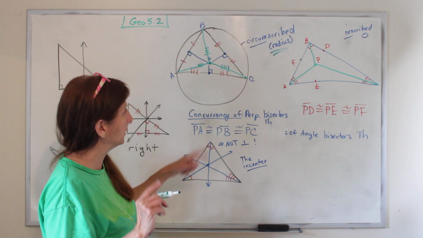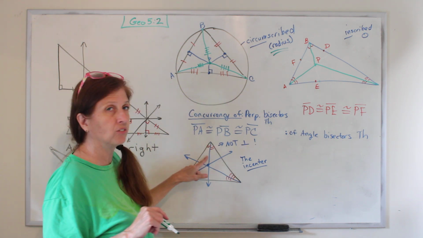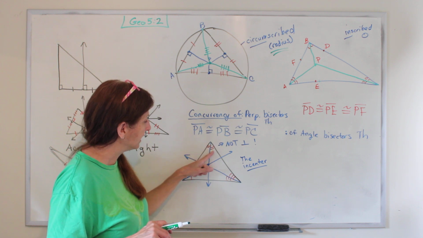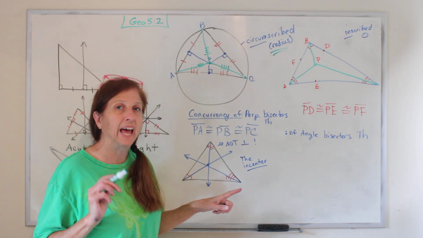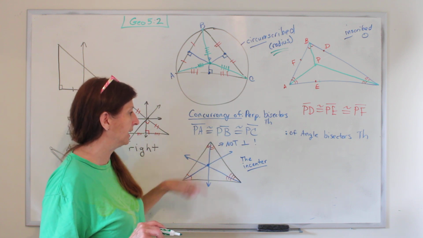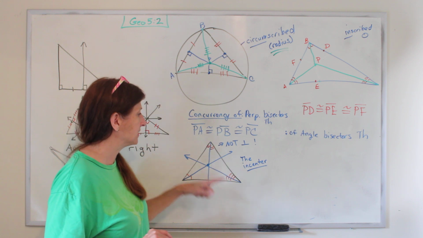Now, another thing we can do is, instead of cutting the sides in half, we could cut the angles in half. So here I have a triangle, and I have cut the three angles in half with angle bisectors. Notice these lines are not perpendicular to anything. They're just cutting these angles in half.